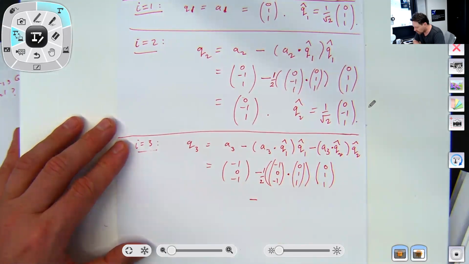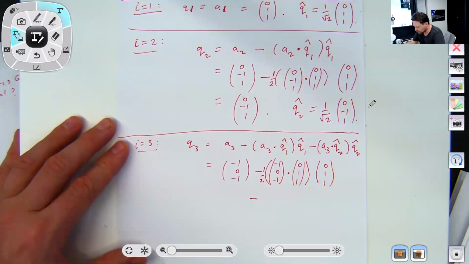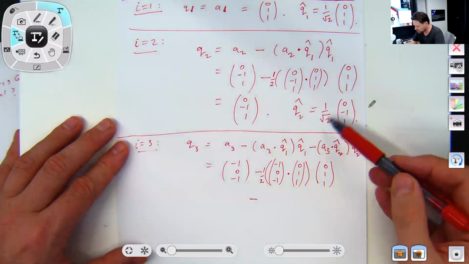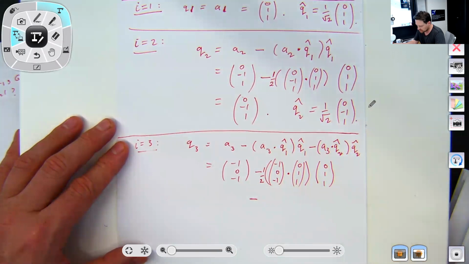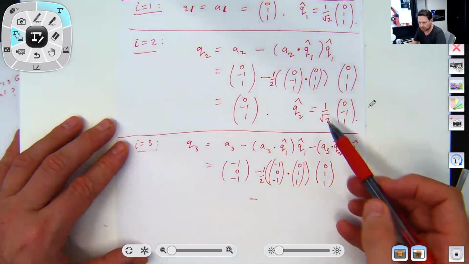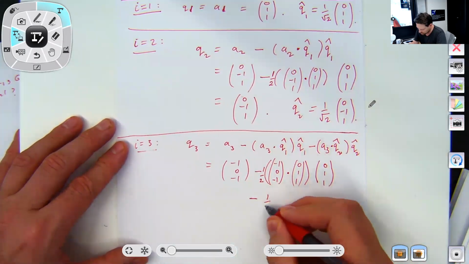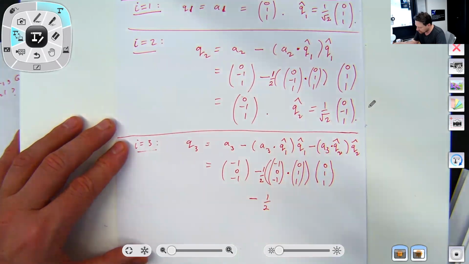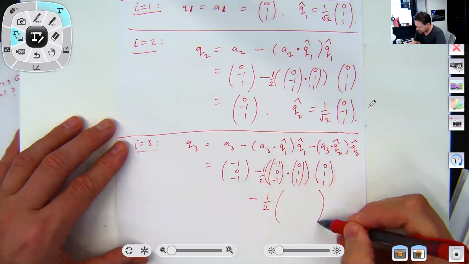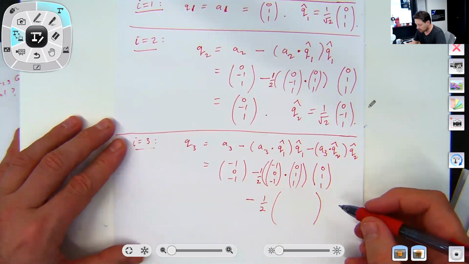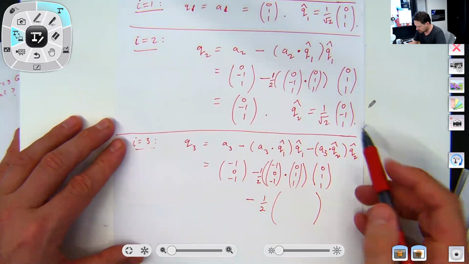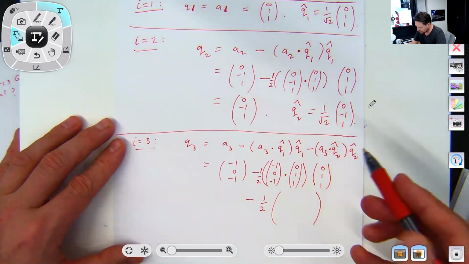Okay, so with the Q2 hats, we have a 1 on root 2 there as well. Okay, and the A3 just has integers in it. So taking the product of the 1 on root 2s, we have another minus 1/2 in front. And now we can take a dot product of integer entry vectors. Okay, so I'll copy down the integer entries there.